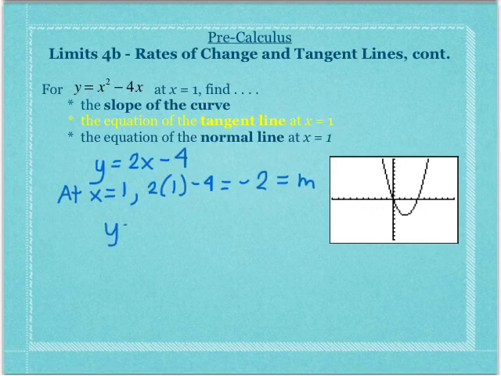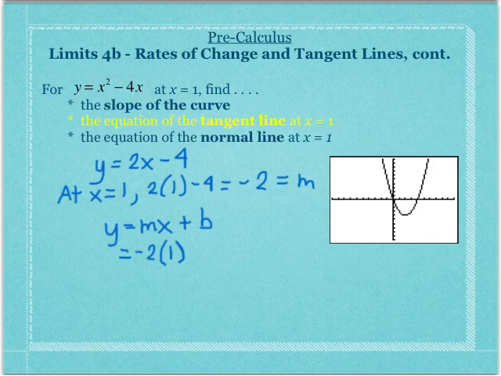So here's an equation, y equals mx plus b. That's the slope-intercept form of a line. I just found that my slope is negative 2 when x is 1. That's the key thing here. When x is 1, I can put 1 in place of x. And maybe I could go back to my original function and see what the y value should be there. If I put a 1 in for x, I'd get 1 minus 4, which is negative 3.